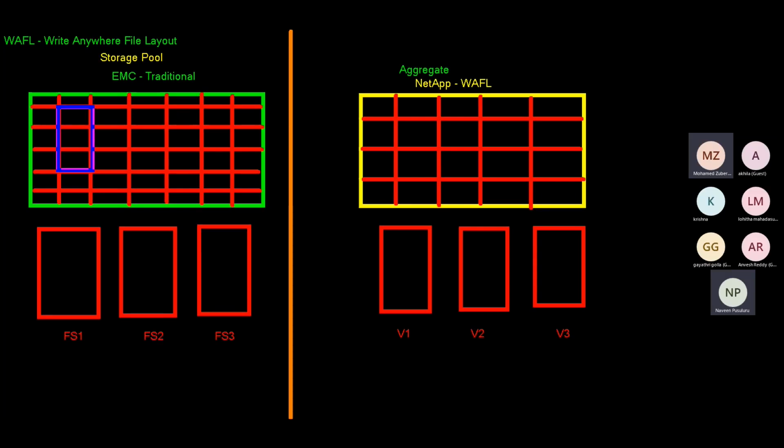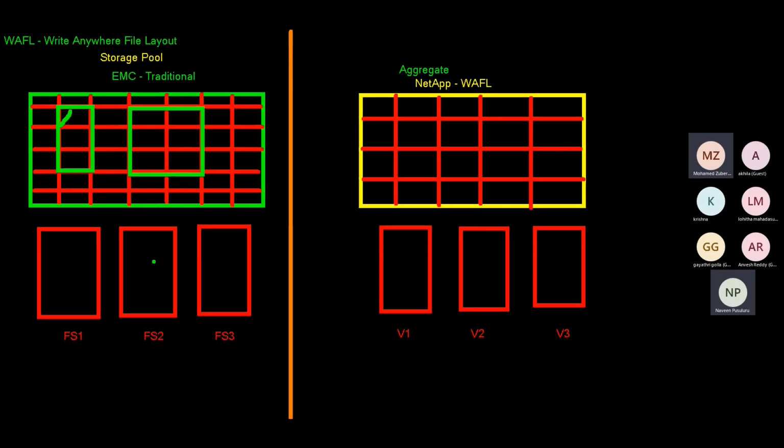For example, these blocks are reserved for FS1. Whenever you write something to the FS1 logical partition, the data finds the blocks reserved for FS1 and writes there only. In the same way, a few blocks are reserved under FS2.